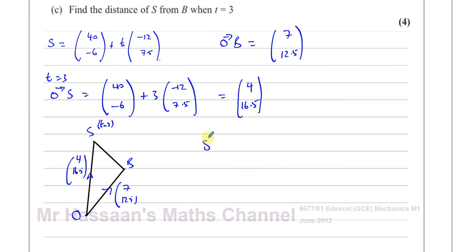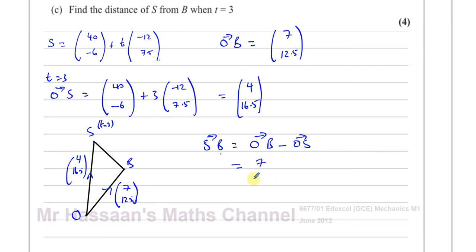So the vector from S to B, if I want to go from S to B, then I've got to go S to O, which is negative OS, plus O to B. So it's O to B minus O to S.